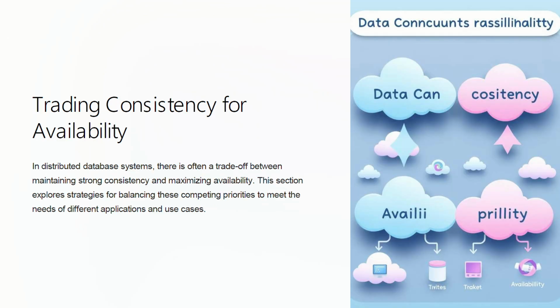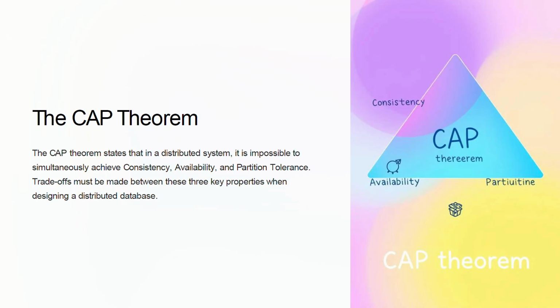Trading consistency for availability: the CAP theorem. CAP stands for consistency, availability, and partition tolerance, and the theorem states that a distributed system can only achieve two out of three properties at the same time.